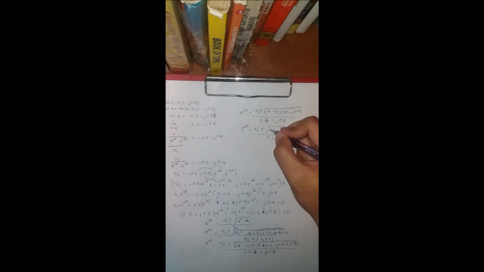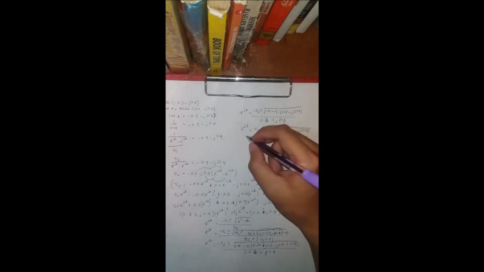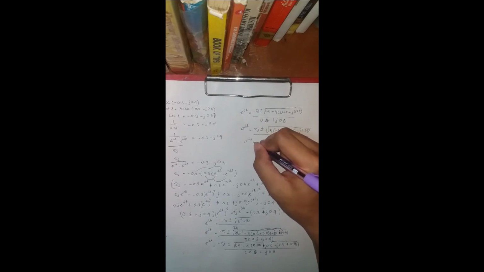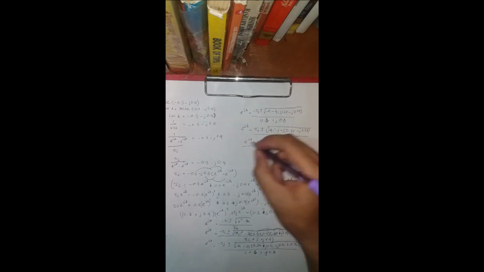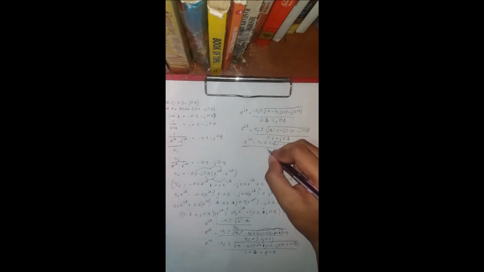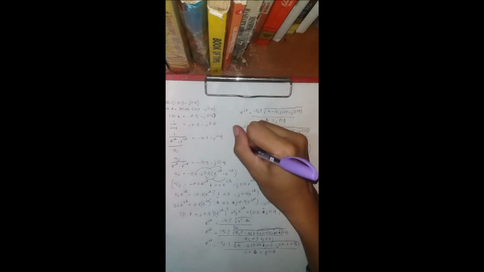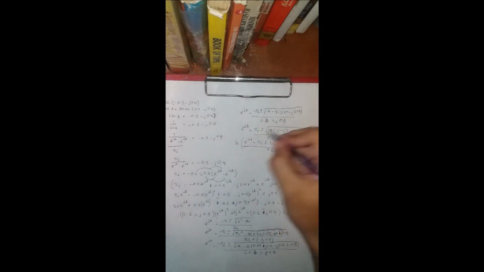So this will be 2 from the outside. So you have e^(ja) equal to 2j plus minus 2 square root of negative 1 minus 0.25 minus j 0.24, all over 0.6 plus j 0.8. Then we convert everything to ln. So this will be cancelled out.